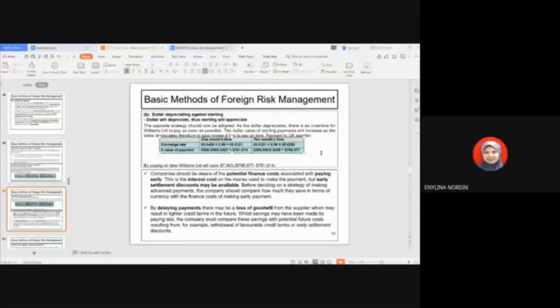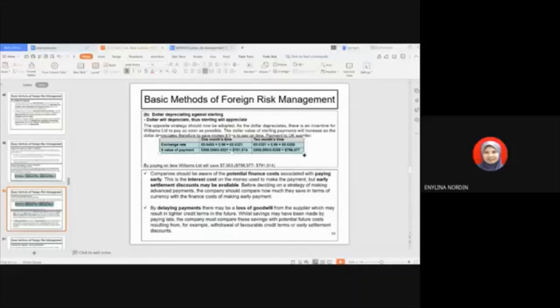So with this new exchange rate for the next 2 months, the amount of dollars that has to be paid for the import is 798,977 dollars. So you can see that there will be more dollars to be converted into pounds and used for imports.